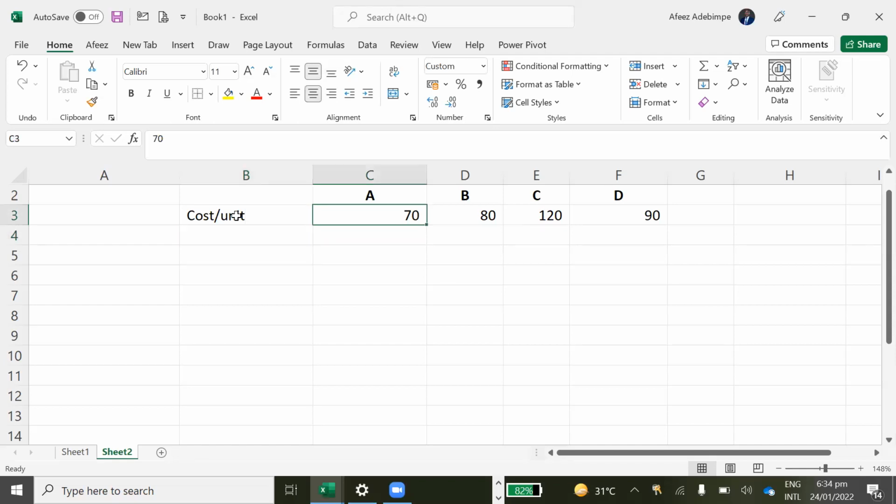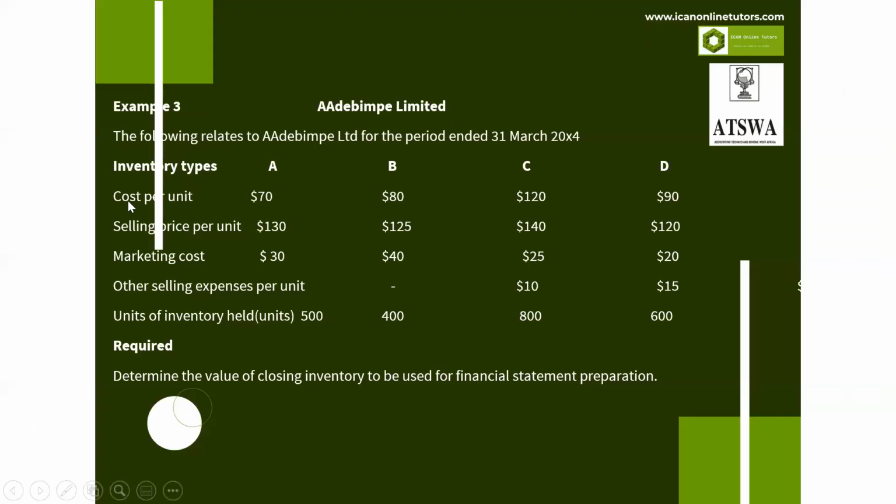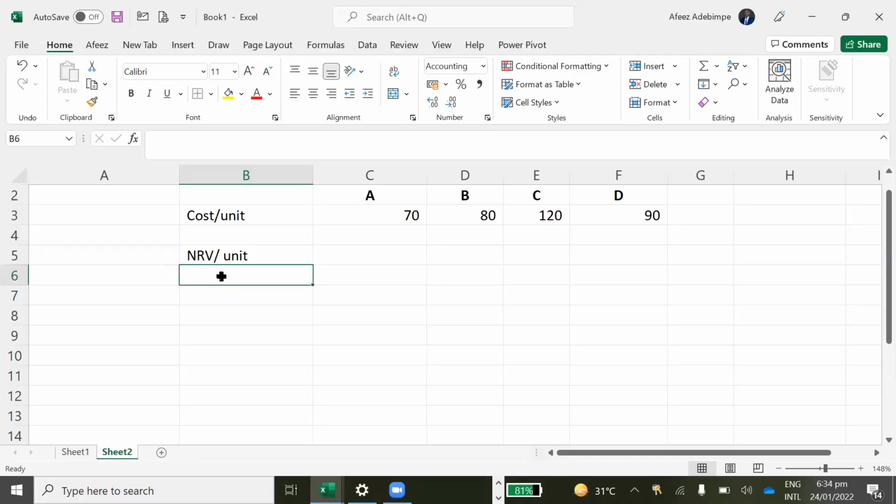Now, the next thing I need to do is to determine my NRV per unit. To determine my NRV, I need selling price less selling expenses or less cost to sell. So I have selling price per unit.